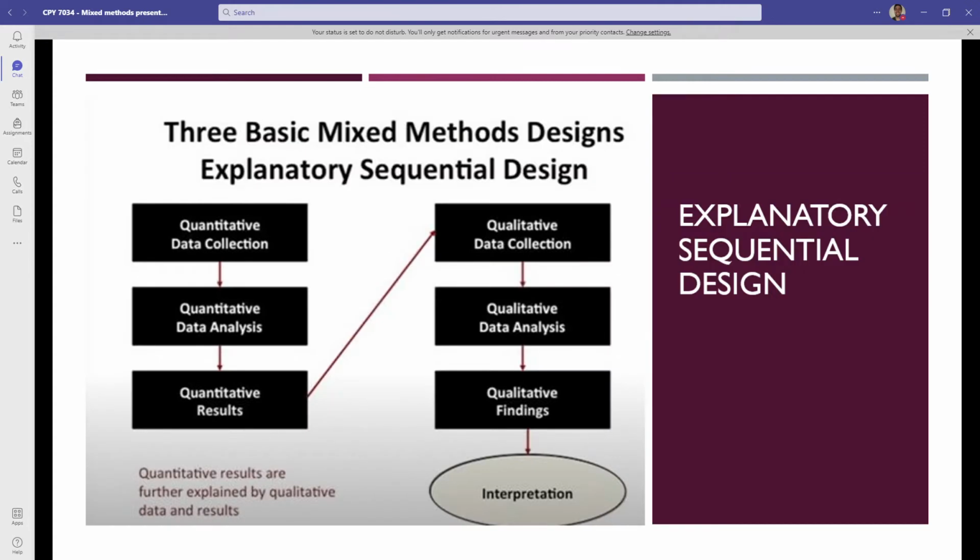The second one would be explanatory sequential, and this is where you start with quantitative research. With this, you gather your data. You might gather a happiness scale. You'll get the results, and then from there use the results to gather qualitative data.